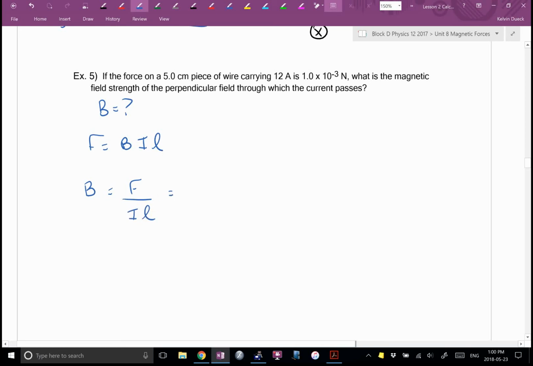So it's going to be 1 times 10 to the negative 3, or 0.001, over 12 amps and 0.05.